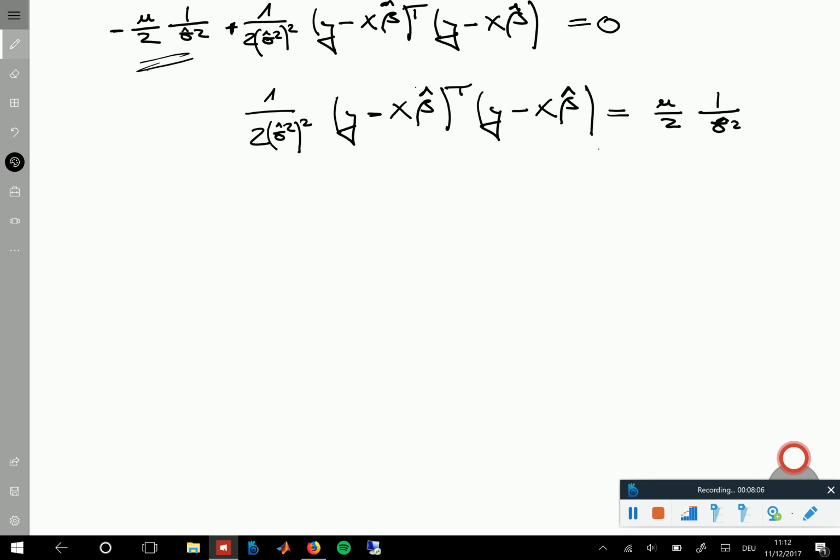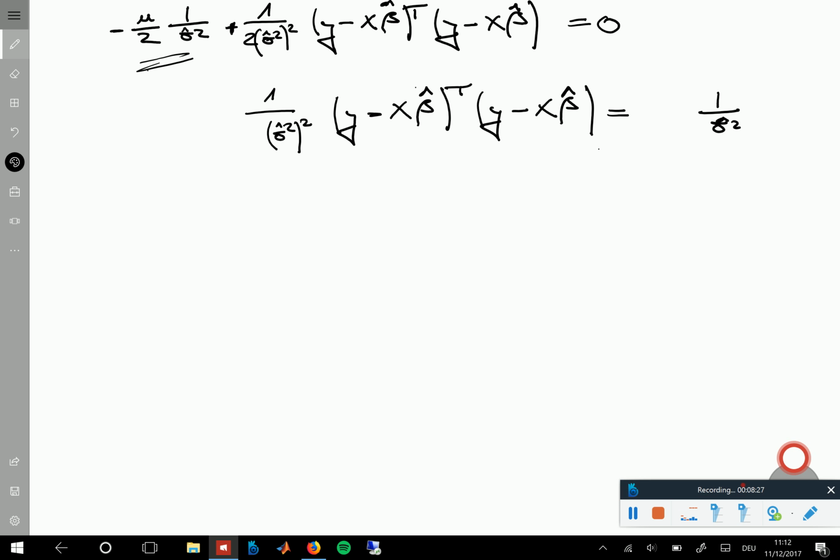What am I doing then? We can get rid of our division by 2 because we have that on both sides. So we can multiply the whole thing by 2, and we get rid of this.